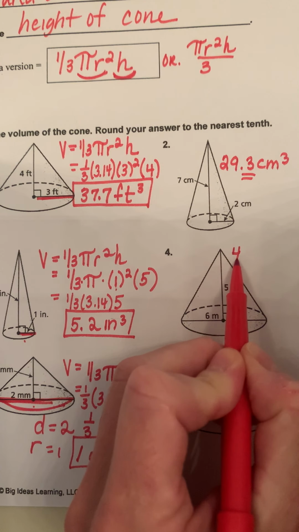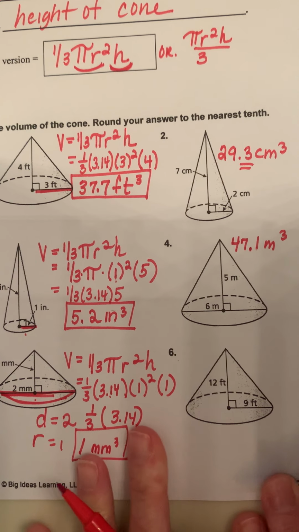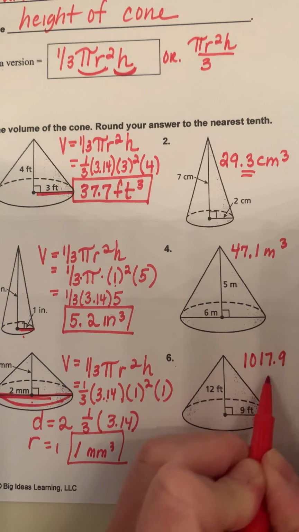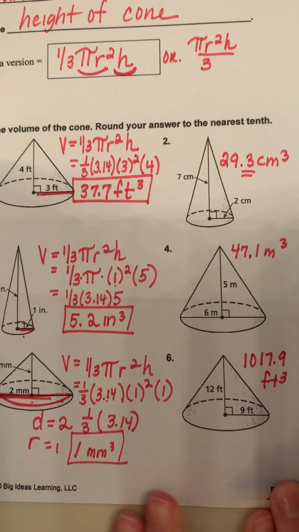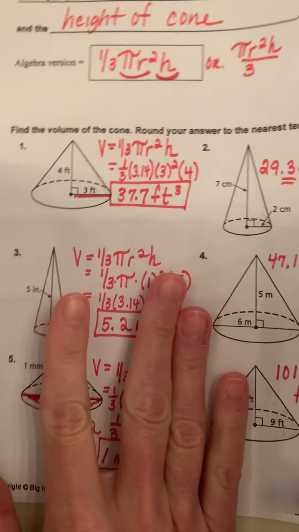And then again, if you use pi and not 3.14, that would be your answer for 4. And your answer for 6 would be this here. So I do encourage you guys to try those. It's up to you though. I think that you have enough problems from yesterday and today. So you might want to pause that, try those. I'm going to continue on the back so that this isn't that long.